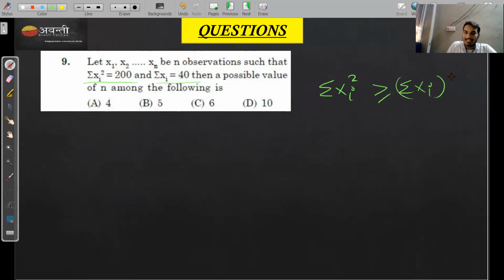Yes or no? Tell me if this inequality is clear. Because when I'm doing the summation of xi, if some observations are negative, then summation of xi will be some small number. But at the same time, squaring that negative observation makes it positive, so the summation of xi square will still be a bigger number, right? So that's why this inequality always holds, right?